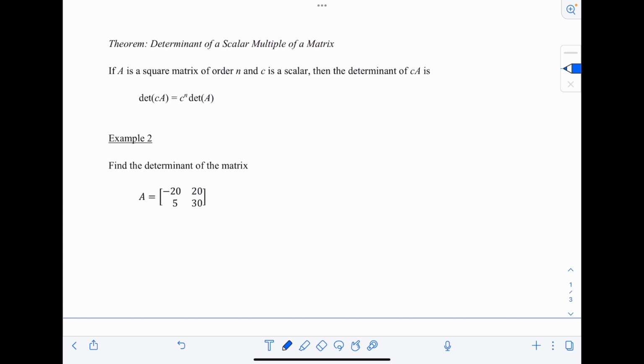So in our matrix, we've got a pretty simple 2 by 2. Now, we could easily just take the diagonals and subtract, right? We do negative 20 times 30 is negative 600, minus another 100 is negative 700. That's the determinant done.